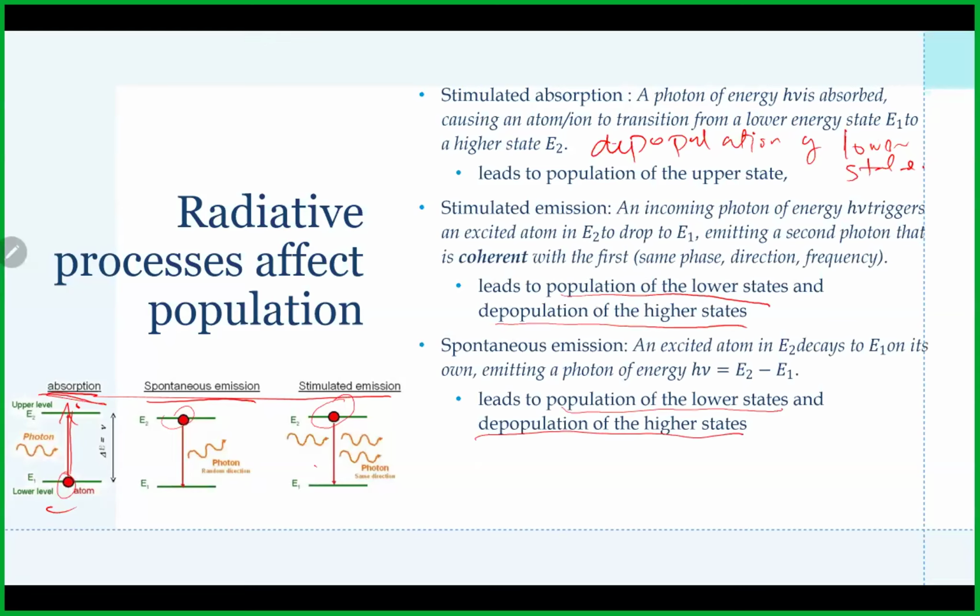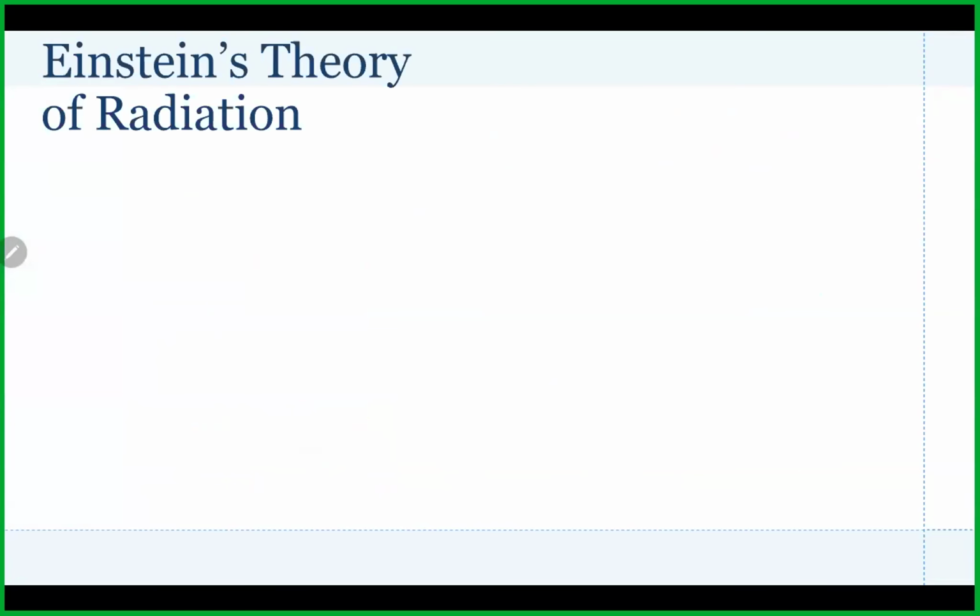So there's this guy called Einstein that tried to introduce coefficients that can quantify the probability of these processes. According to Einstein, the rate of stimulated emission, I'm using N and M here because that's what the guy initially used.